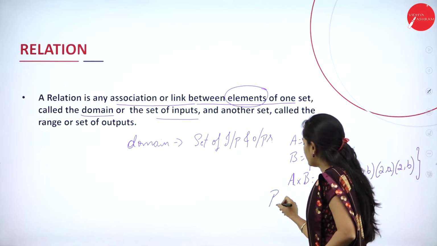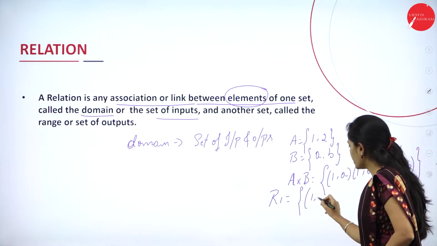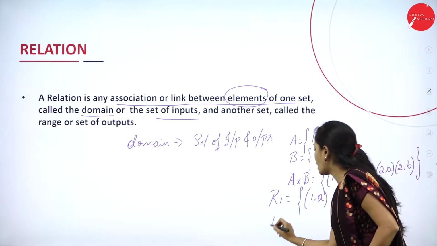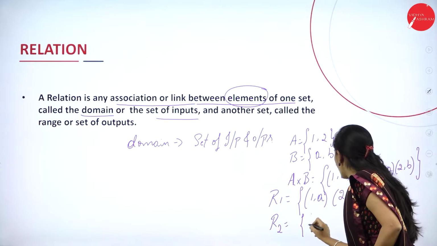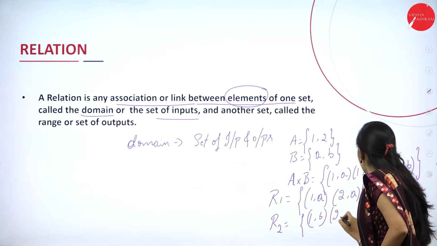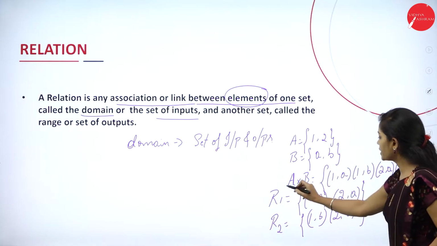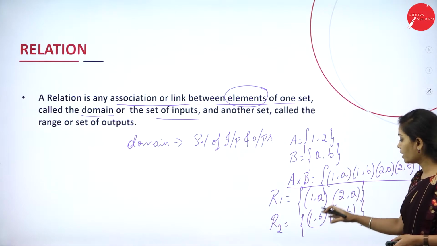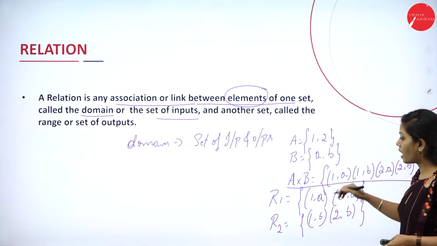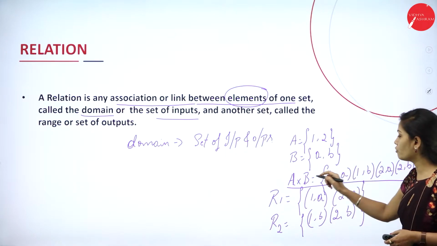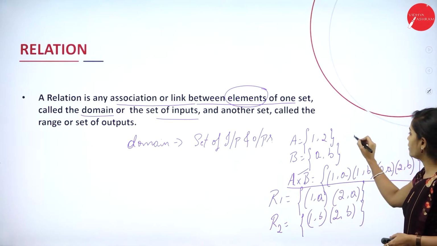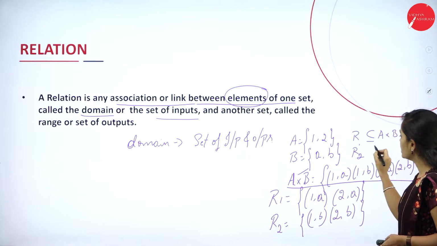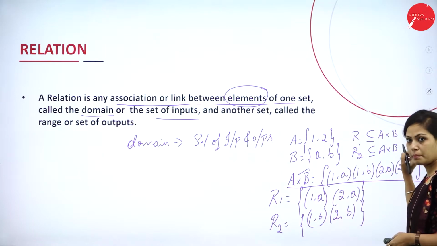So for example, I will take R1 is equal to {(1,A), (2,A)} and again I will take R2 is equal to {(1,B), (2,B)}. So the Cartesian product A cross B has this set of elements: 1A, 2A, 1B and 2B. So R1 and R2 are subsets of A cross B. R1 is a subset of A cross B and also R2 is a subset of A cross B, right?